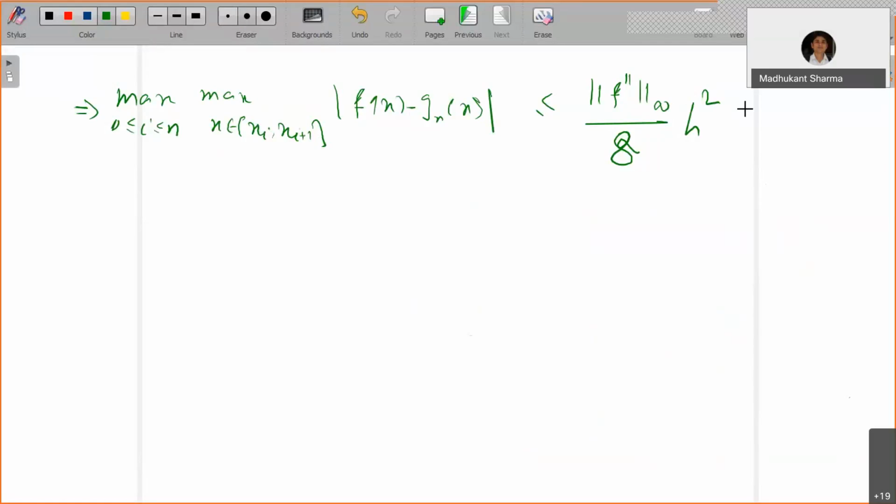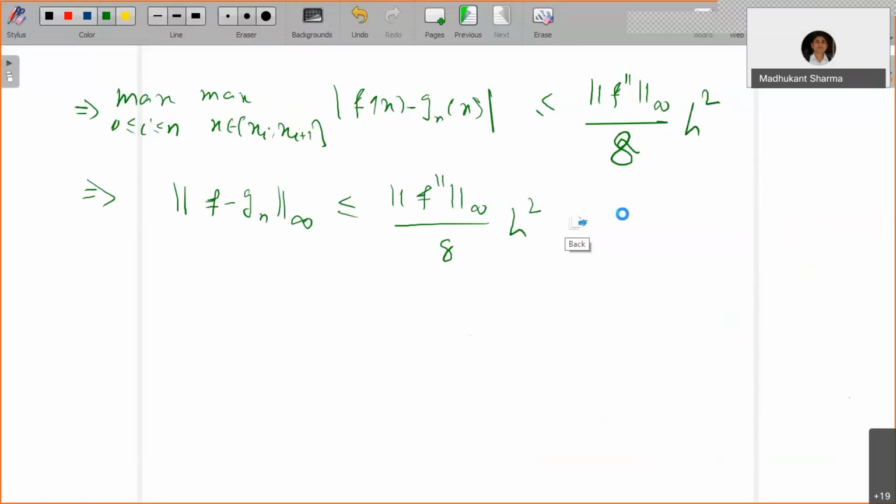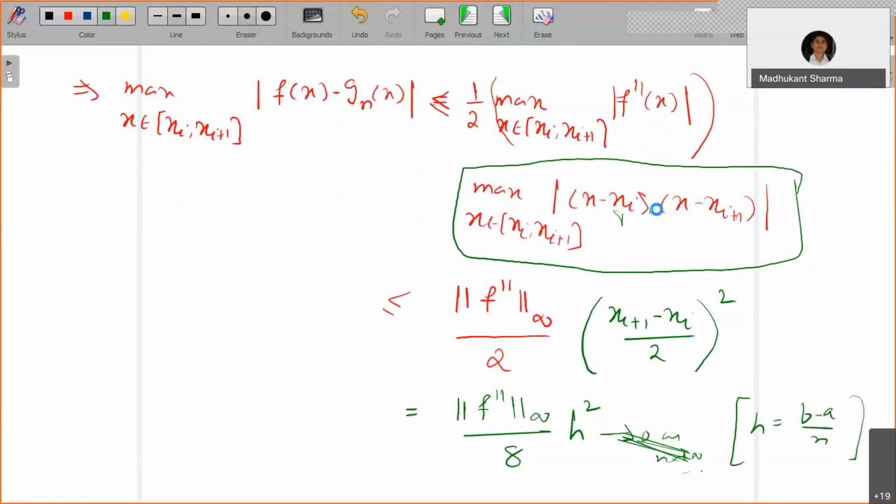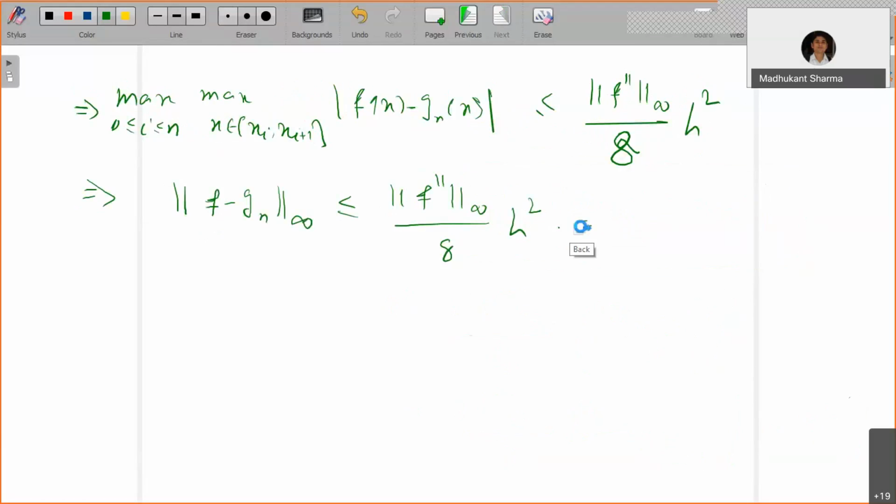That still remains true. The left side is the infinity norm of f minus gn, which is less than or equal to the infinity norm of f double dash by 8 times h square, and which tends to 0 as n tends to infinity.